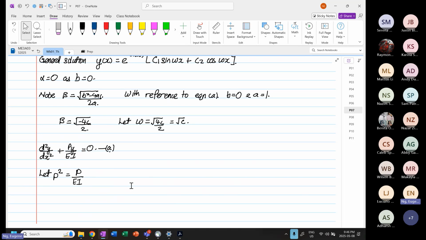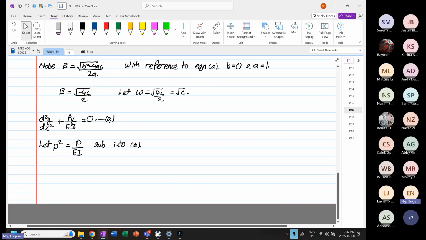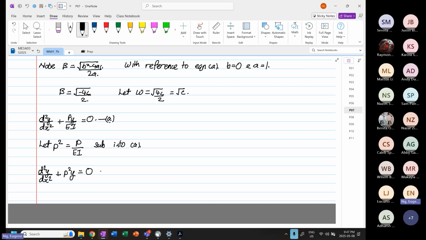We're going to substitute into A. So we have d squared y over dx squared plus small p squared y, and this is equal to 0. This is our equation B.